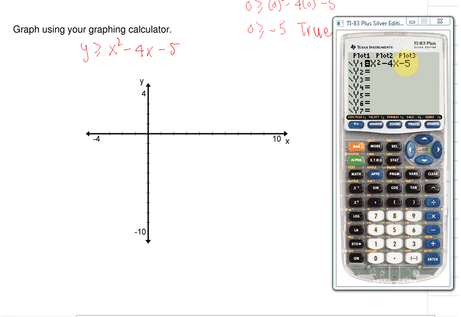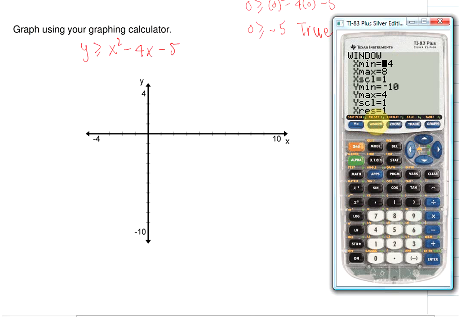I'm using the window settings that will match my grid that I have here. So I have an x-min at negative 4 and an x-max at, I'll put in 10. And I have a y-min at negative 10 and a y-max at 4. And if we go straight to graphing, we get this.